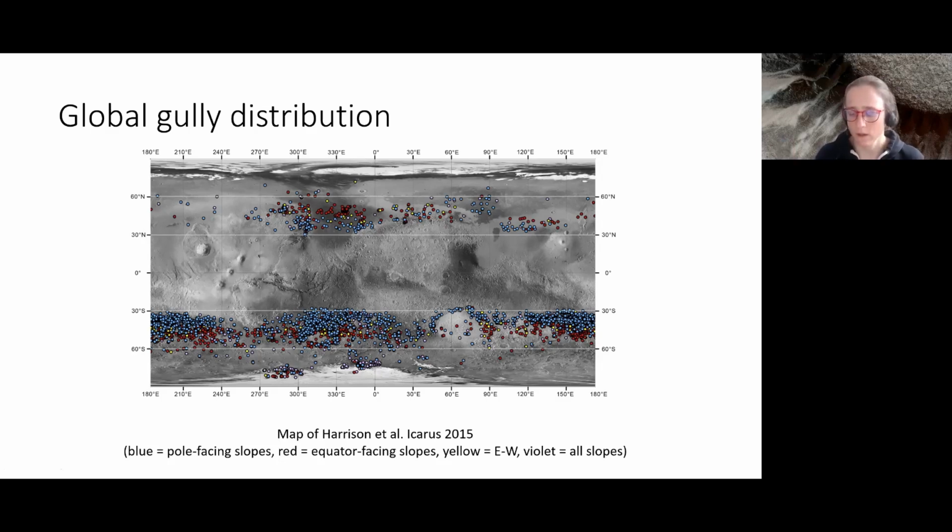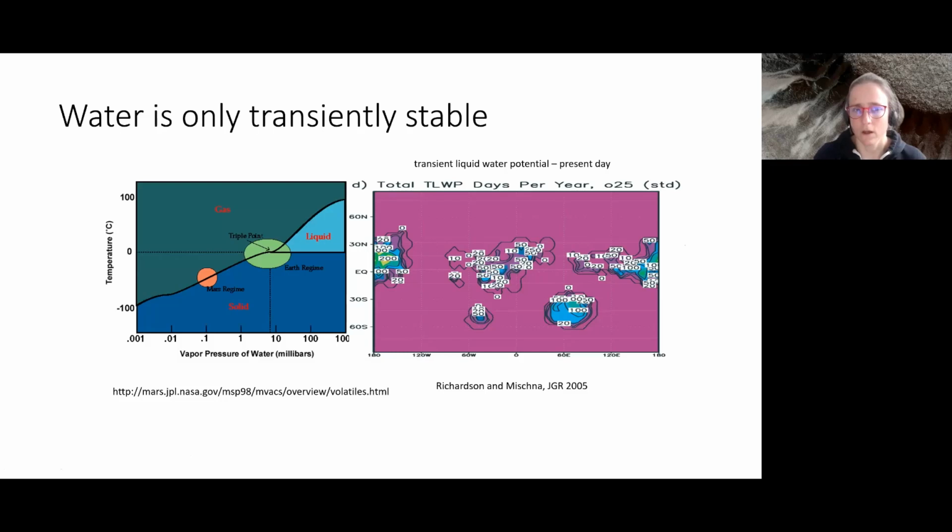So, as I said, at the present day, water is only transiently stable, and we can actually reach the triple point. We saw the phase diagram that I showed you right at the beginning, so this is another version of the same phase diagram here, but this time the Mars regime is put on the partial pressure, so these are the average conditions, partial pressure for water vapor.